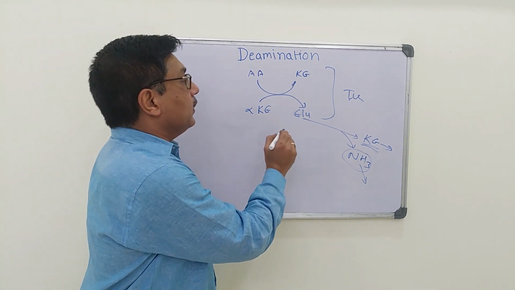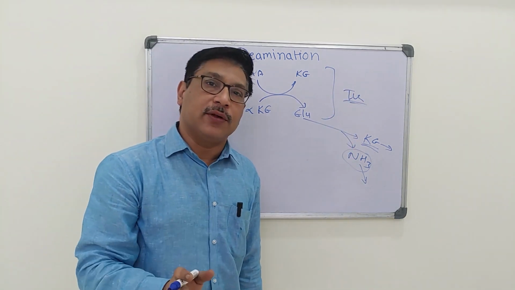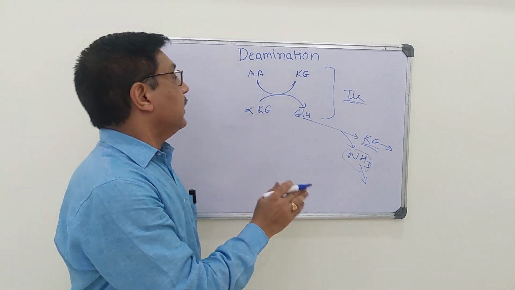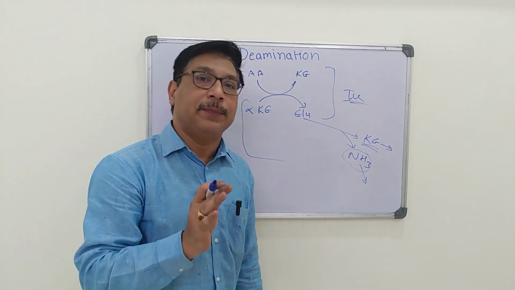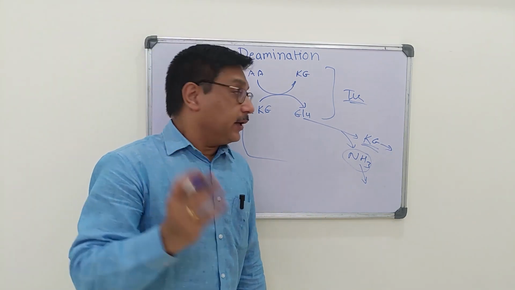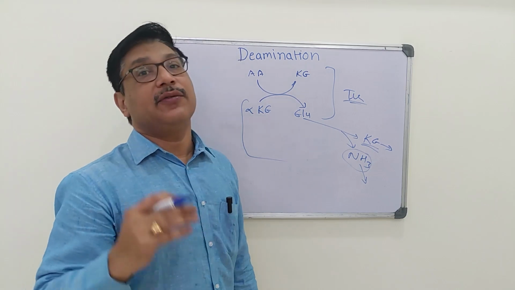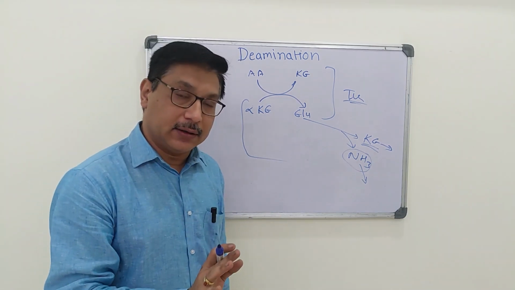So this transamination is going on in each and every cell cytoplasm, whereas deamination reactions are taking place in the mitochondria of hepatocytes. Though these reactions are taking place at physically distant sites, they occur simultaneously.